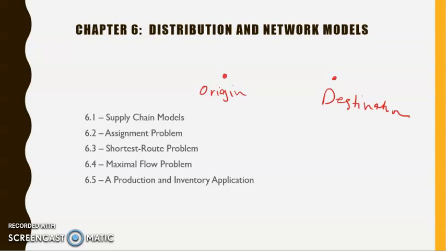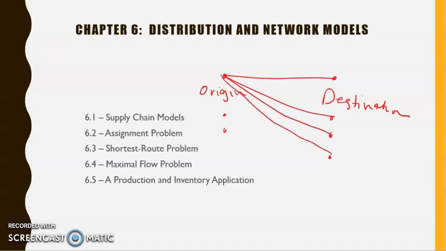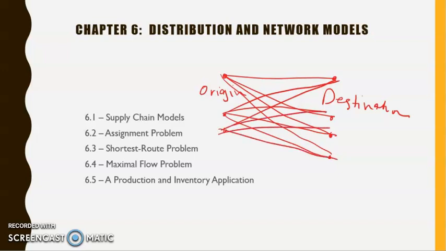When we have several origins, for example here 2, 3, and we have several destinations, for example 4, and when we connect these things together, as you see in the video, it is called a network. So when you have a network, it is the matter of which to where, which to start, that is origin, to where, destination, and how much.